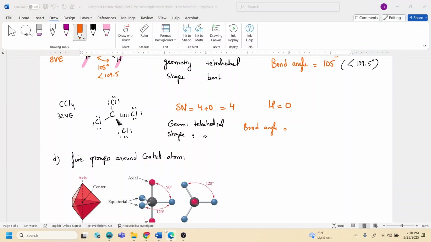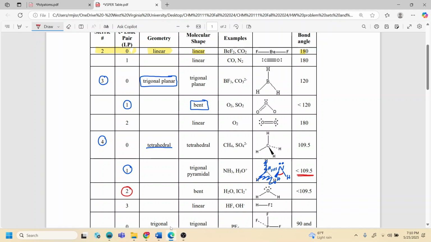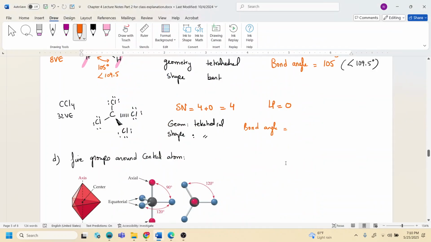We go to the table, and we are working with 4 and 0. So your geometry is tetrahedral and your shape is tetrahedral, and you have to draw it like that. And your bond angle is going to be 109.5 between the two lines in plane. So your bond angle here is equal to 109.5.